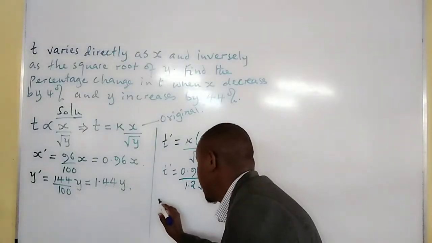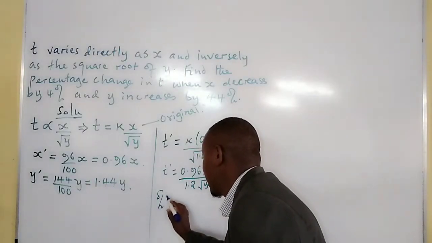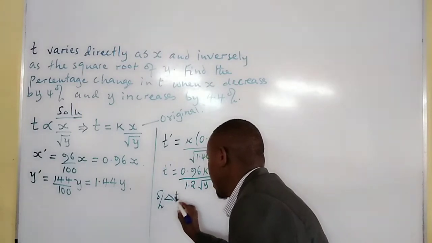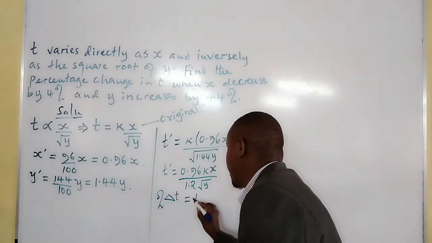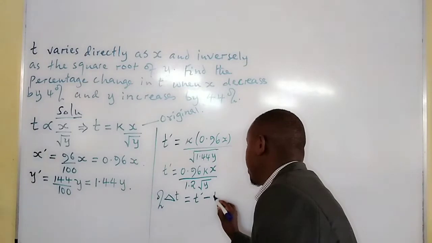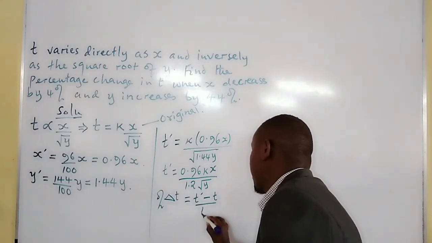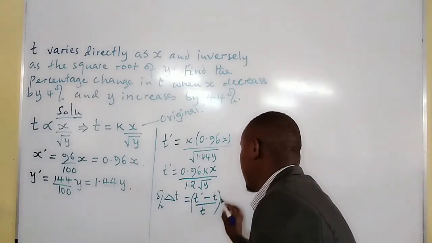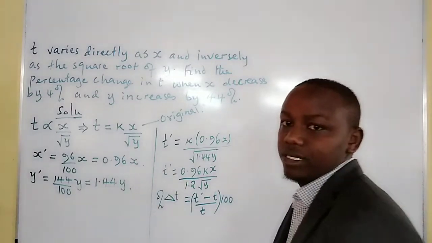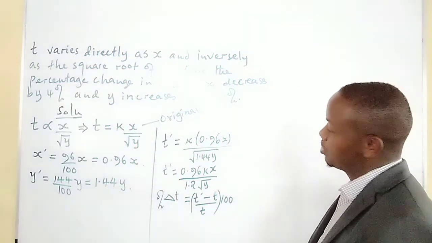The percentage change in t will be the new t minus the original t, all over the original t, and we multiply it by 100 so that you may get the percentage change.